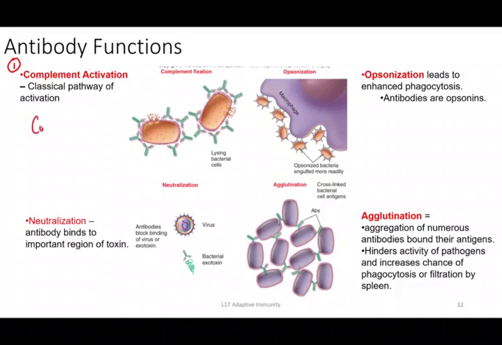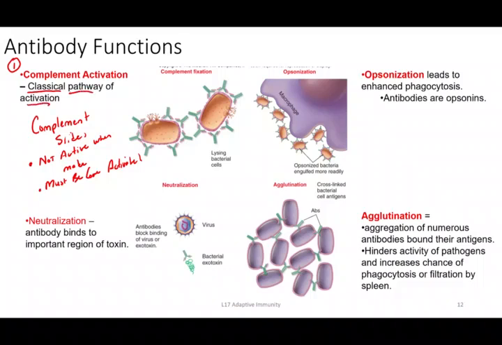If you go back to the innate immune response and look at the complement slides, you're going to see that complement are a series of proteins that are not active when they're made. Another way of saying that is they must become activated. There's a variety of ways that this activation can be accomplished. We discussed two at that time, and one of them was called the classical pathway of activation.